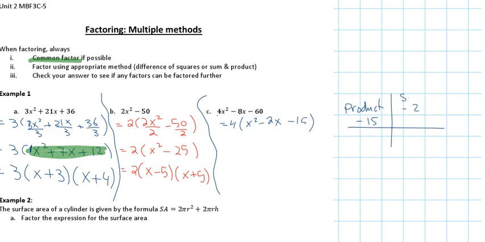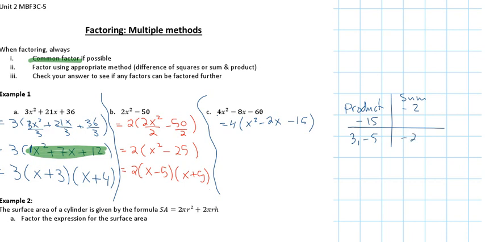So since both of them are negative, then my large number is going to be negative and my small is going to be positive. Okay? So what multiplies to negative 15? I don't have too much option. 3 and negative 5. Does it add to negative 2? What would be your other option? 1 and 15.